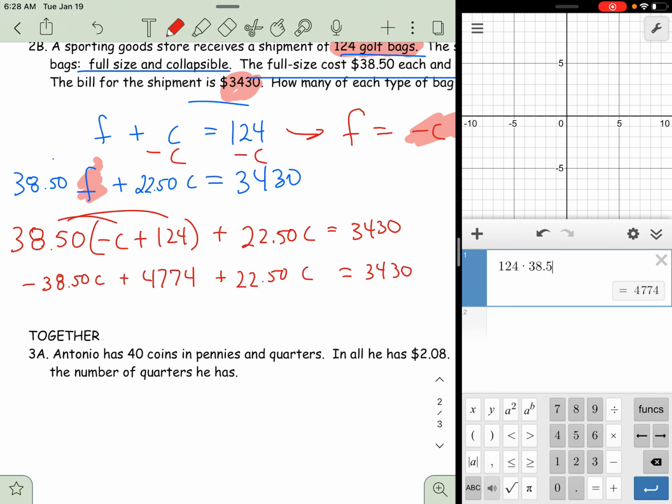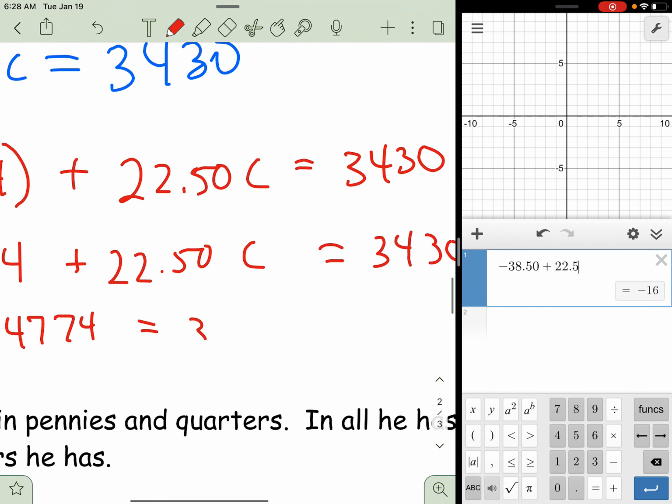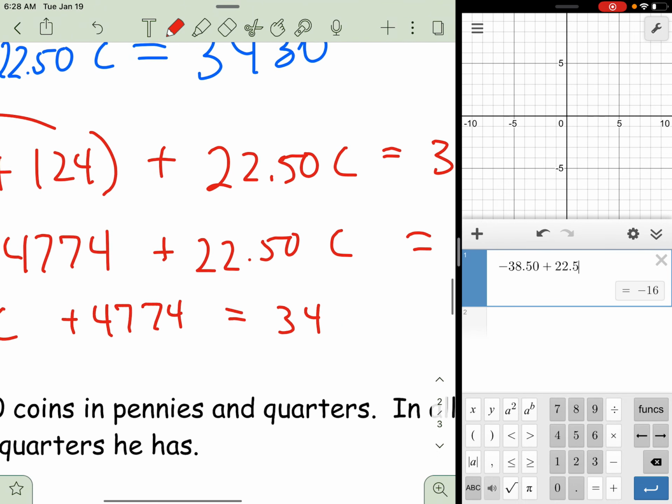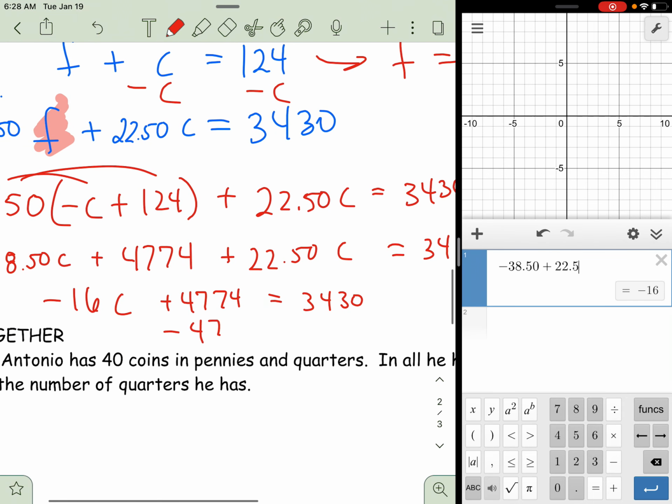okay, which gives me, let's see, a negative 3850 combined with 2250 gives me negative 16, so this is negative 16c plus 4,774 equals 3,430. Okay, then we're going to subtract.